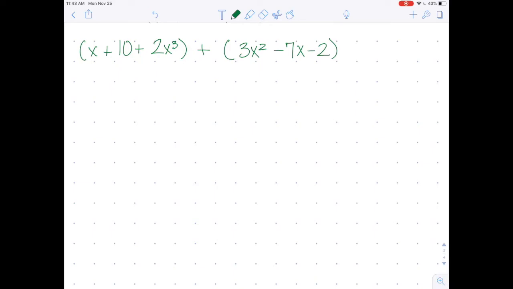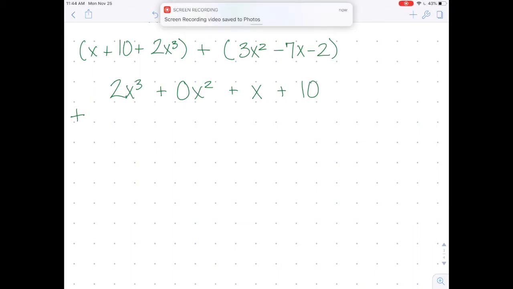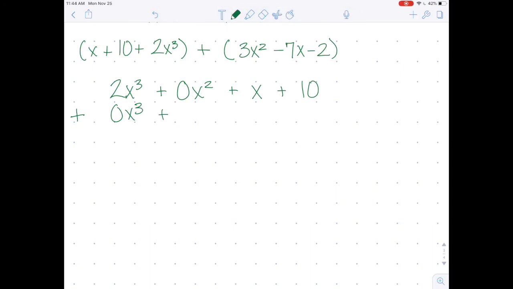So the highest degree would be 2x cubed, plus we don't have an x squared, so 0x squared, plus x plus 10. And we are adding 3x squared, so there's no x cubed term, so we're going to fill that in with a 0, plus 3x squared, negative 7x, and negative 2.